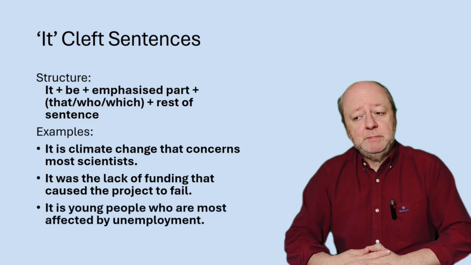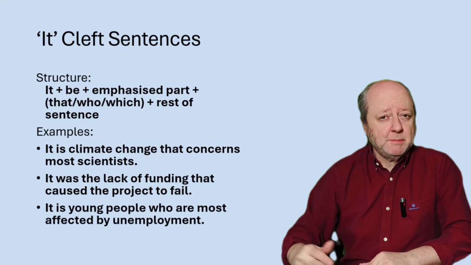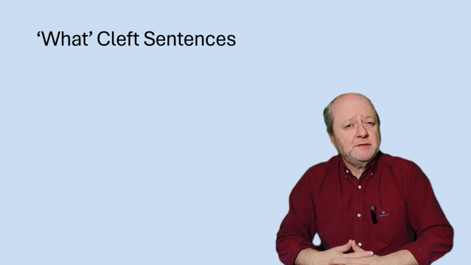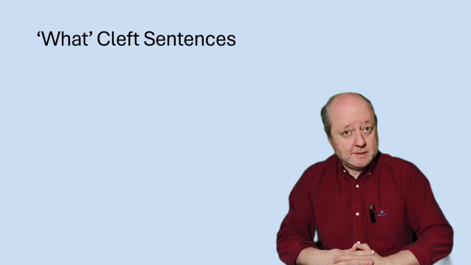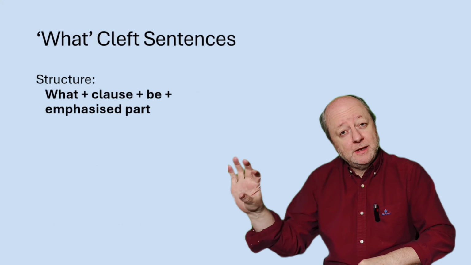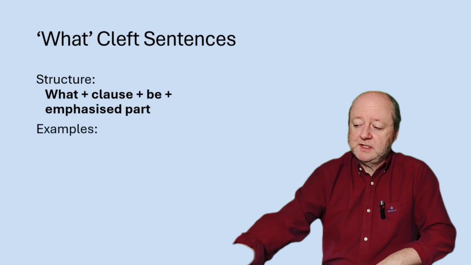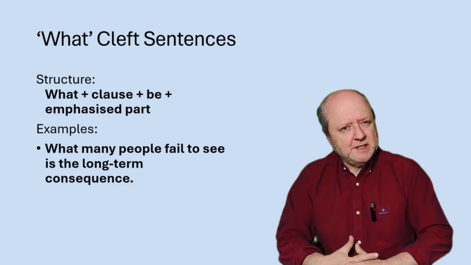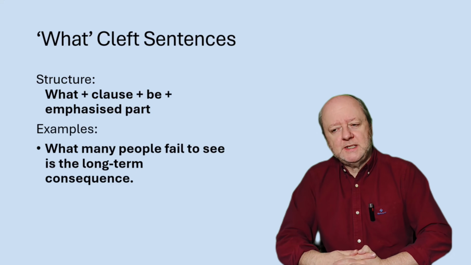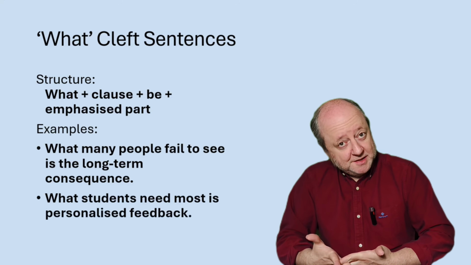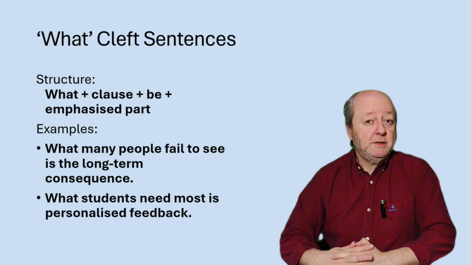And it is young people who are most affected by unemployment. So it stresses. Sometimes you begin a cleft sentence with the word what. What plus a clause plus the verb to be and then the emphasized part. Examples: What many people fail to see is long-term consequence. What students need most is personalized feedback.